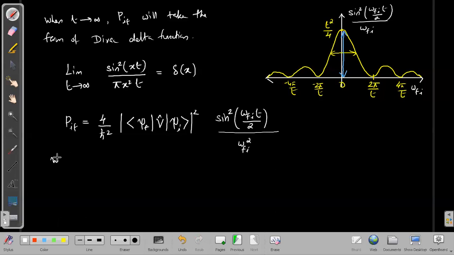So when t tends to infinity, what would be the form? This Pif, the probability of transition, will take the form, which you can do yourself. I am just writing it here.